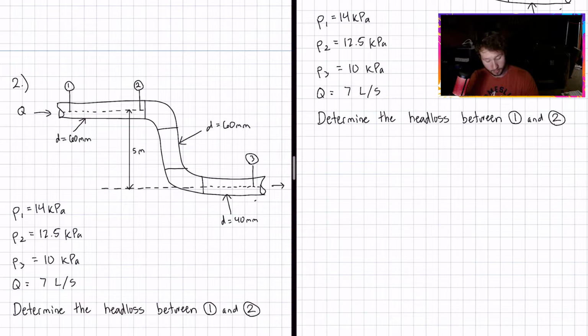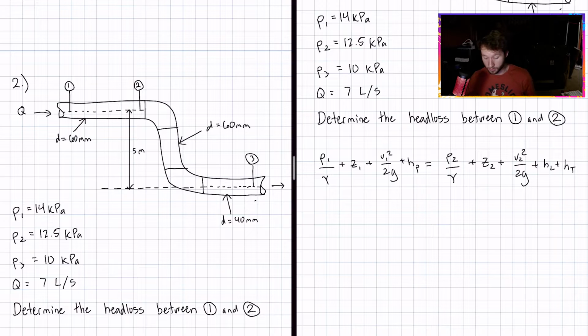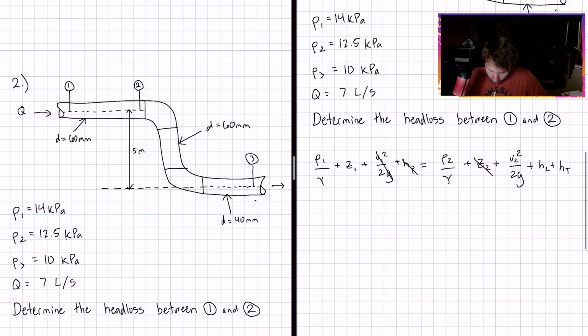Now, this first part between 1 and 2 is going to look similar to our last example. It's a constant size pipe with constant flow, no elevation change, so we're going to have a pretty similar procedure to solve this part. So here's our energy equation again, and again we have no pump, same size, no elevation change, and no turbine.